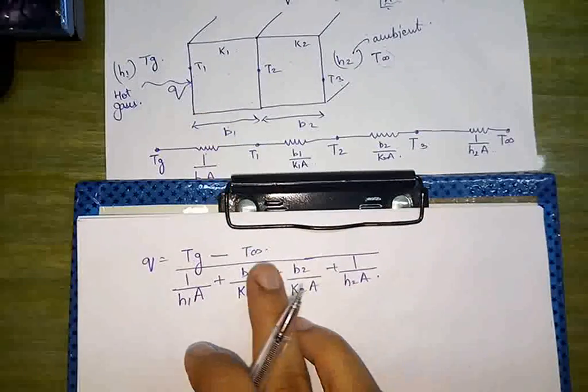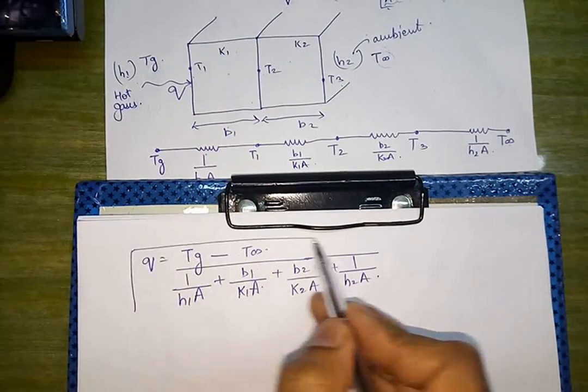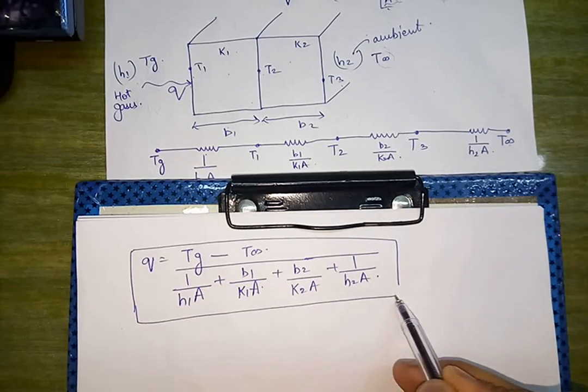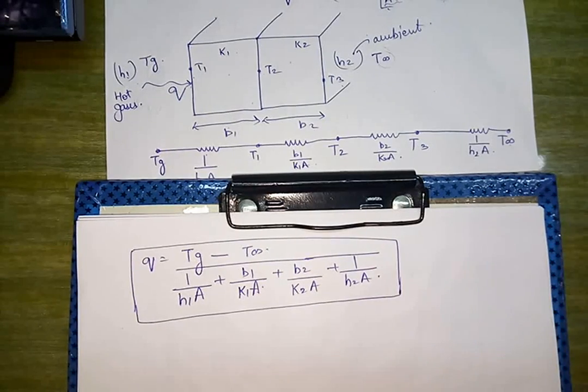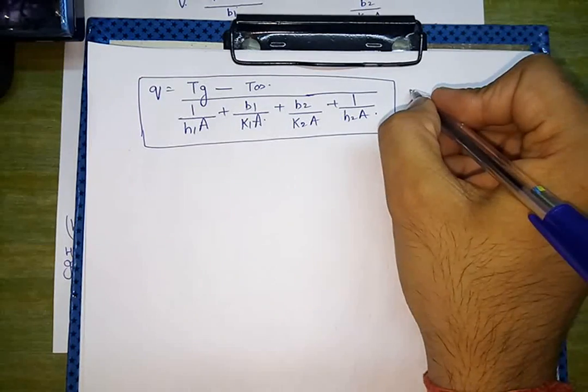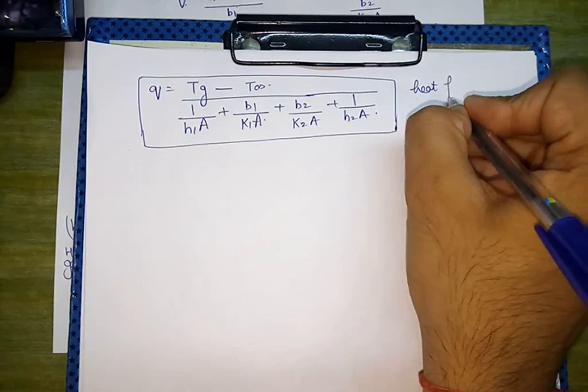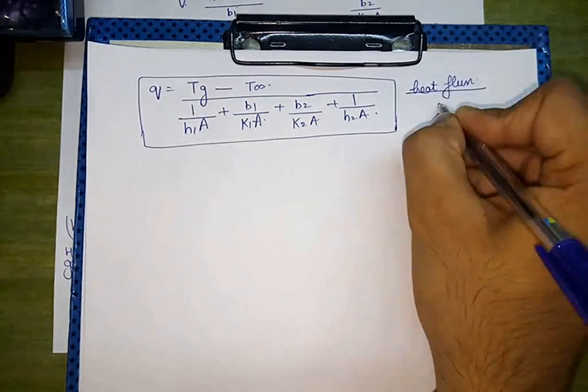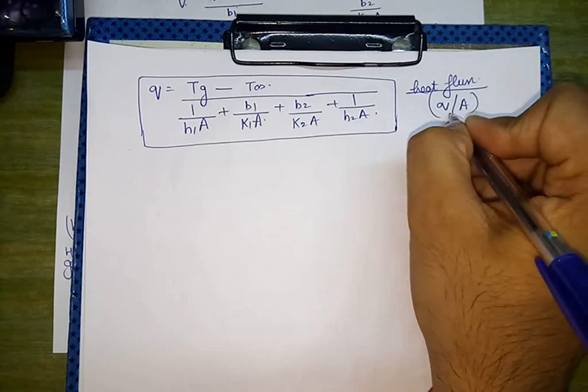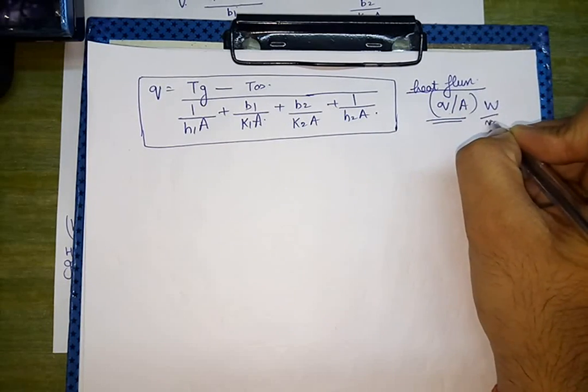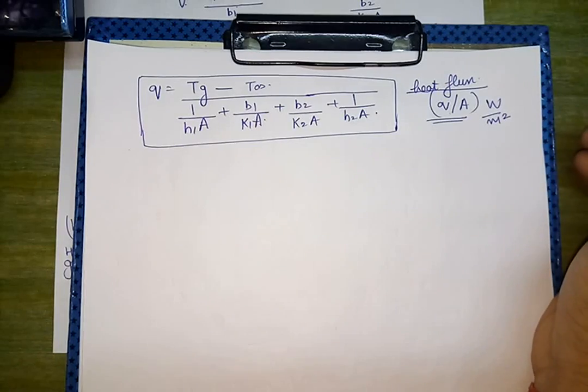This equation is applicable for finding any unknown quantity. If we are asked to find the heat flux, it will be Q upon area, that is watts per meter square.